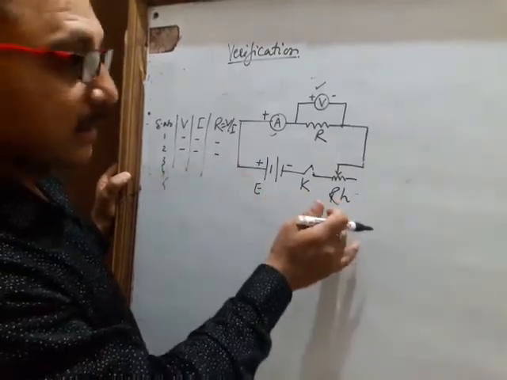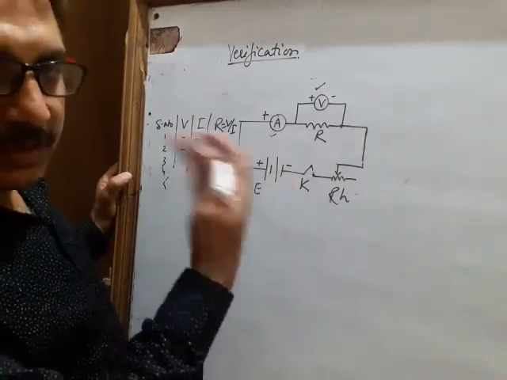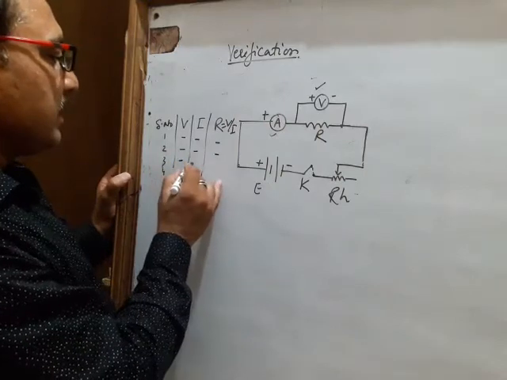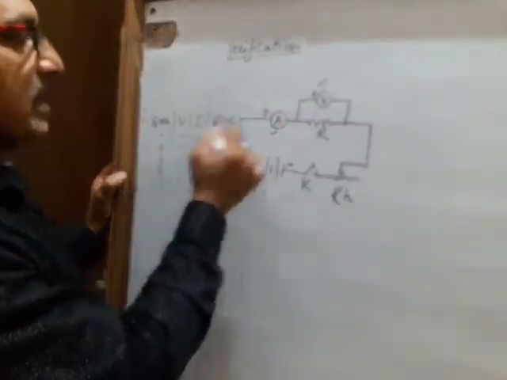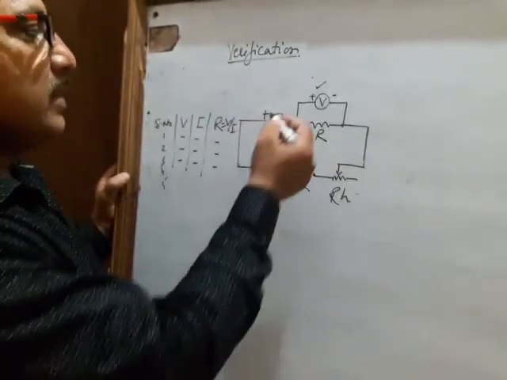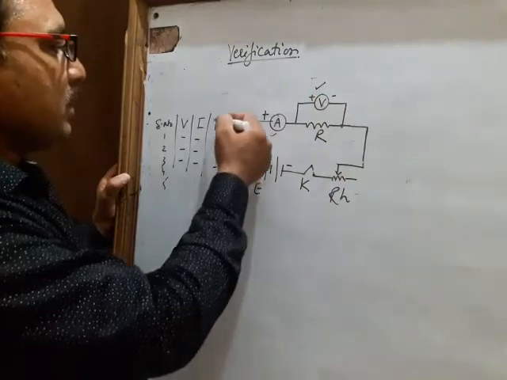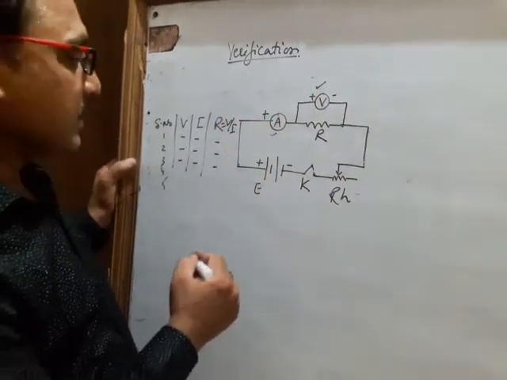Now you take the third reading. Once again you move this contact like this, changing the resistance, meaning changing the current. Once again you find the ammeter reading and voltmeter reading. You can take five readings for that, 5 readings of ammeter, 5 readings of voltmeter. So you can get 5 readings of resistance of the conductor.